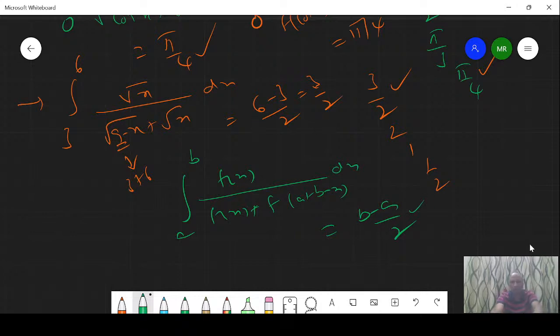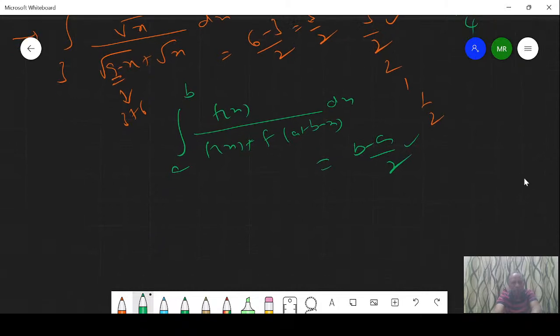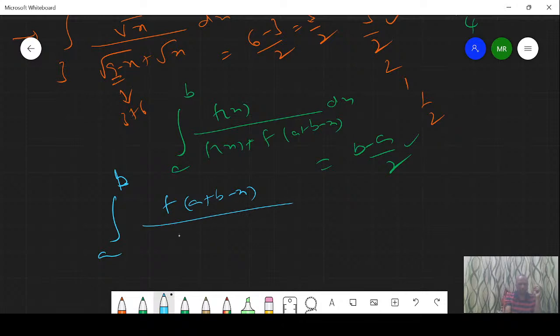Sir, I have a doubt about this one. Suppose this problem is given another way. Suppose the formula is given as integral from a to b. Check the same thing: this 9 means 3 plus 6, a plus b minus x. The integral from a to b of f of a plus b minus x by f of x plus f of a plus b minus x.